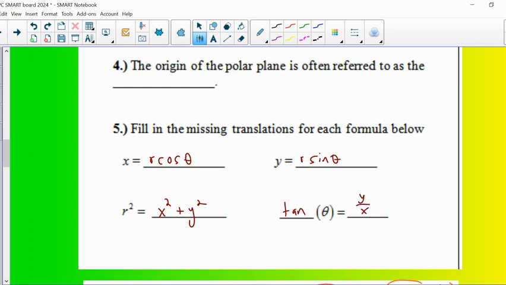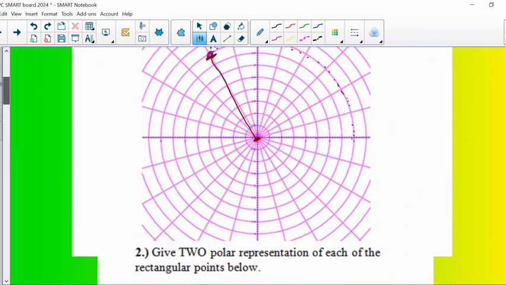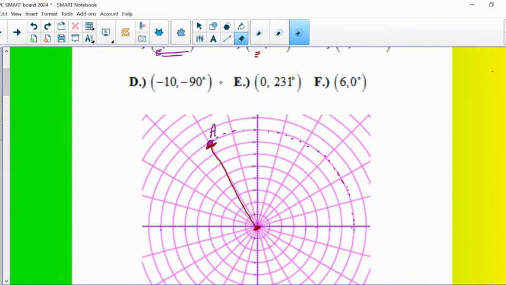Now, when we start to move away from an xy plane, we don't really have the origin anymore, but we need a starting point. So the starting point of every polar plane, we'll talk about as being the pole. And it's like 0, 0, except we don't have x's and y's. So it's the pole. Okay, now the thing about polar coordinates is that they're not unique.